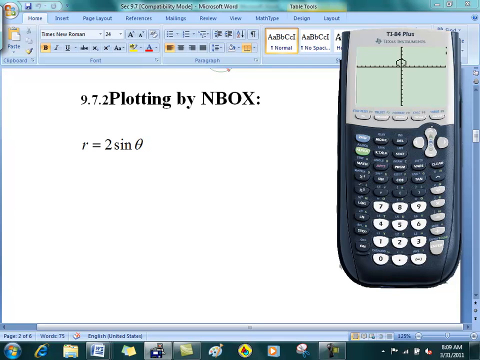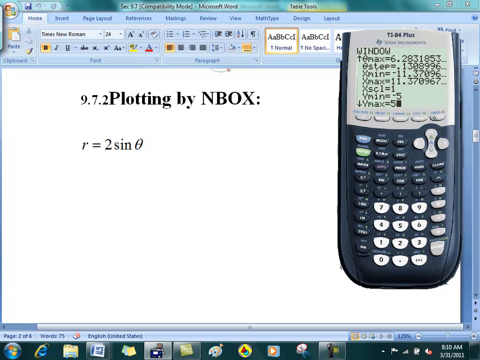It's looking kind of funky, so I'm going to change my zoom to be square, so it looks more like a circle. And I'm going to change this a little bit more, just to expand the circle.